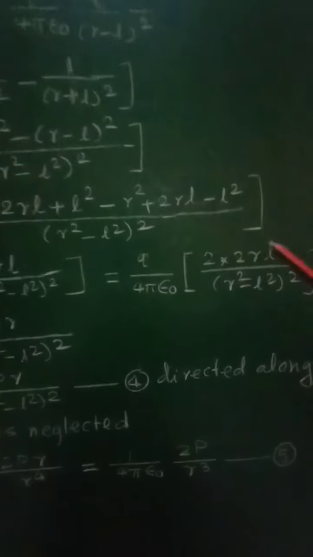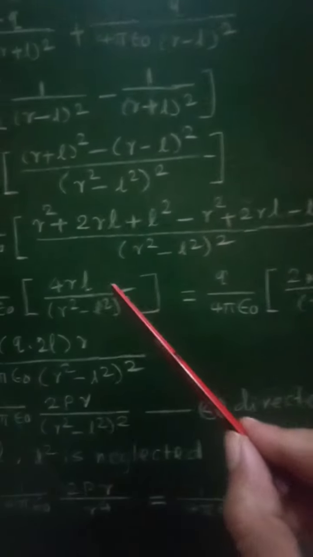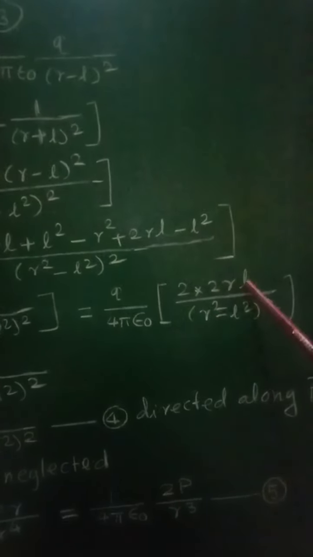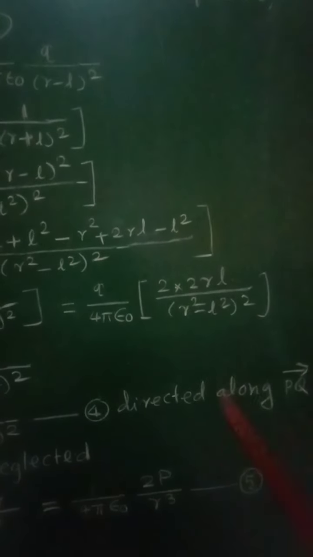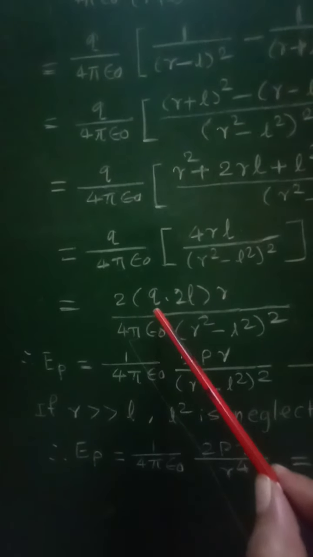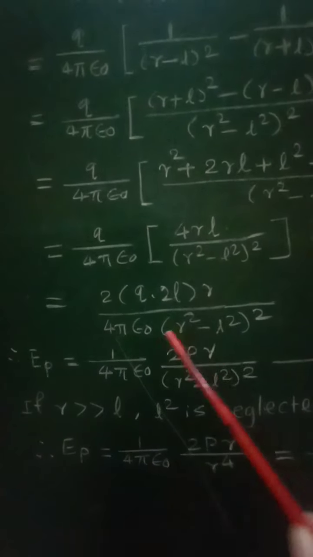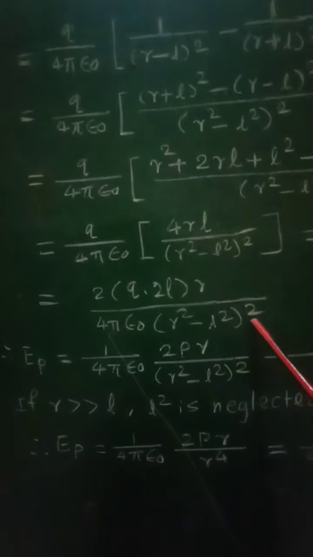This can be written as Q upon 4 pi epsilon 0 into, splitting 4 as 2 into 2, 2 into 2RL upon (R square minus L square) whole square. Rearranging the terms, it will be 2 into Q into 2L into R upon 4 pi epsilon 0 (R square minus L square) whole square.